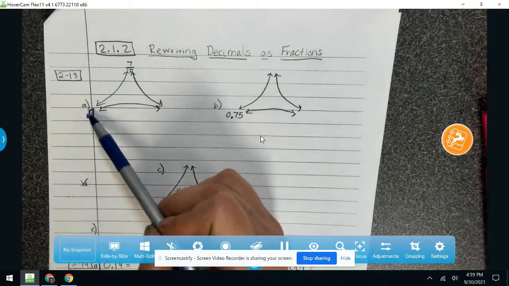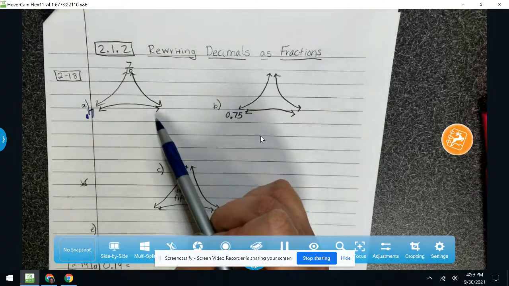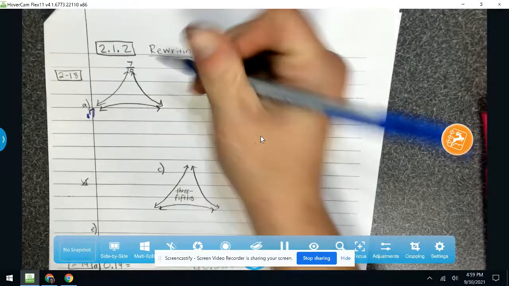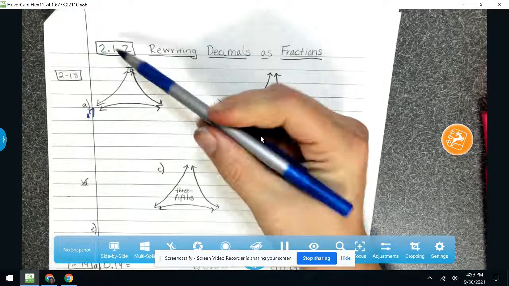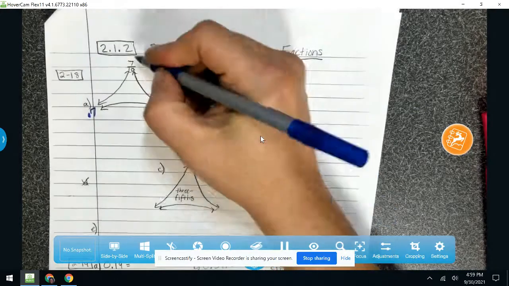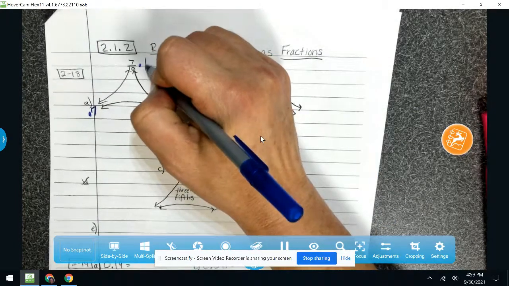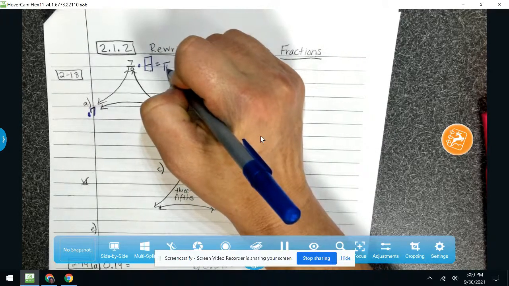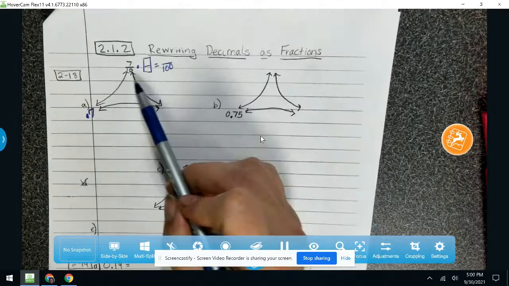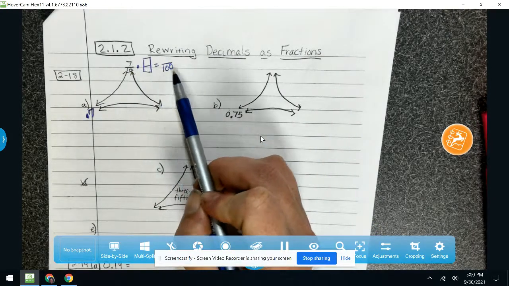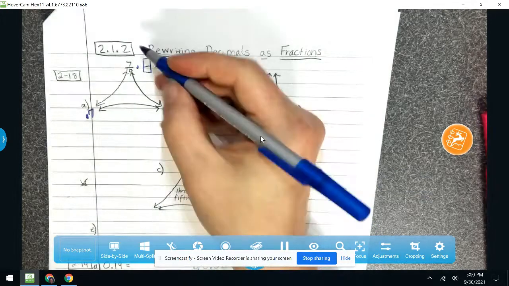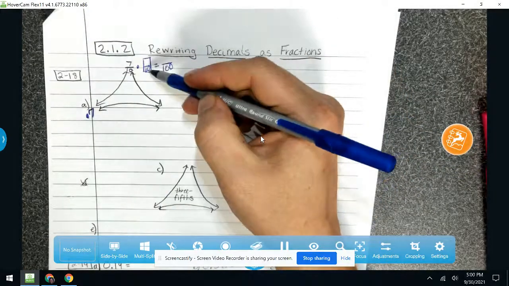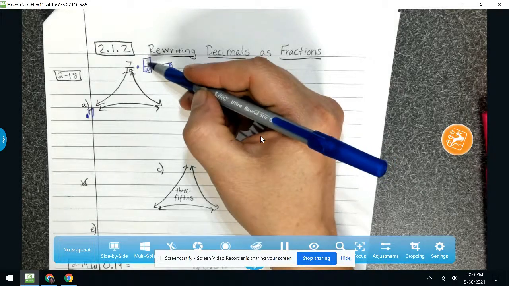Now I can either multiply to get here, or I can multiply to go this direction. Since I have 10 as my denominator, I'm going to multiply by a giant 1 to get to 100. So I ask myself, what times 10 gives me 100? In this case, it is 10. Because it's a giant 1, I need to have the same number in both my numerator and my denominator.